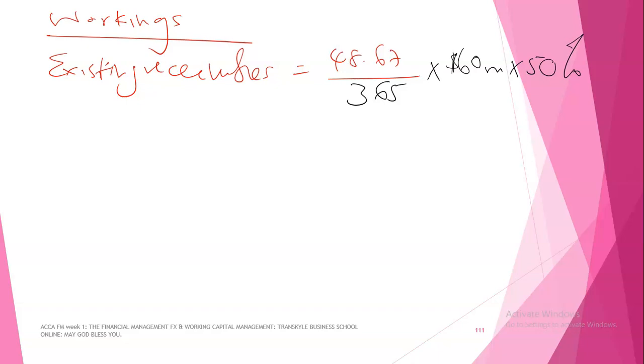So let's talk of those who are not taking any discount. They were 50%. In this case, we will arrive at an amount of 4 million. Please use your calculators to confirm this figure.